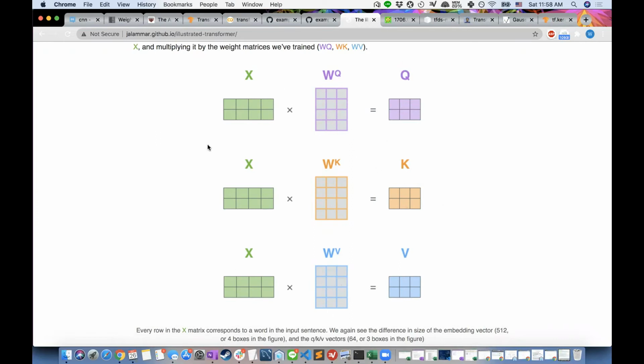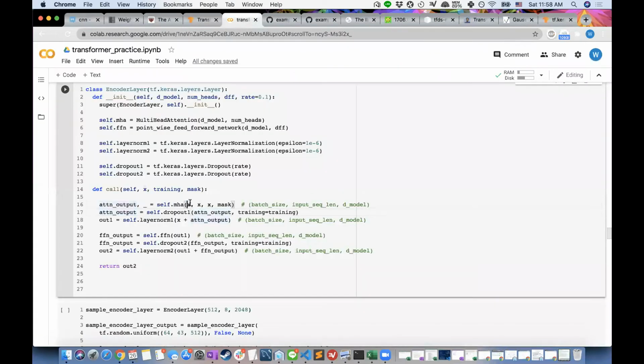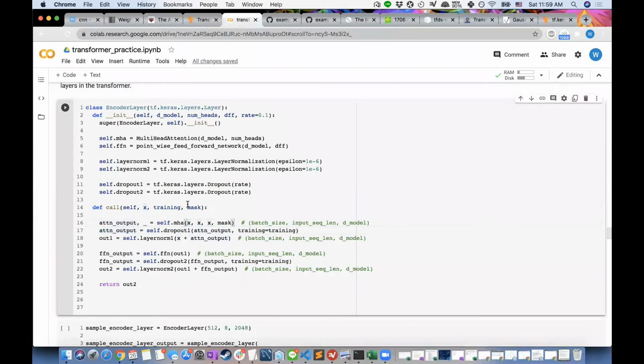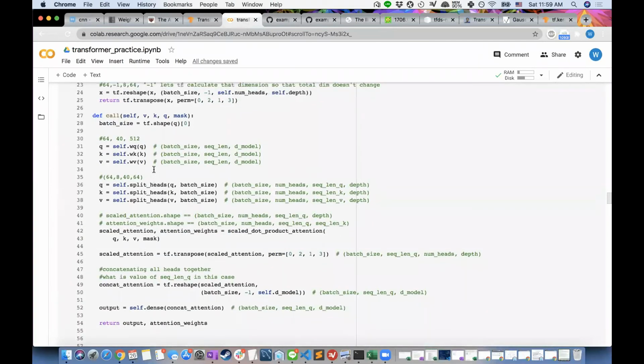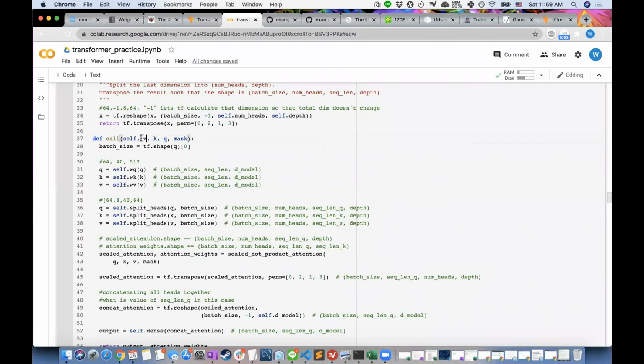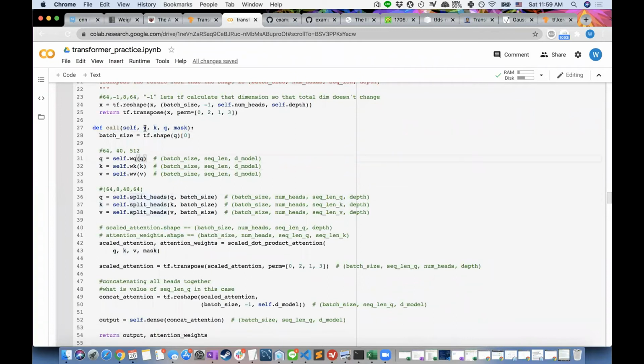But this input is actually the same, because you see this, x, x, x. And again, the reason I said this was poorly named is that someone literally just passes x as the input for V, K, and Q. So this is x, this is x, and this is x, and only after you do the matrix multiplication do you get your Q, K, V. So I think this was poorly named.